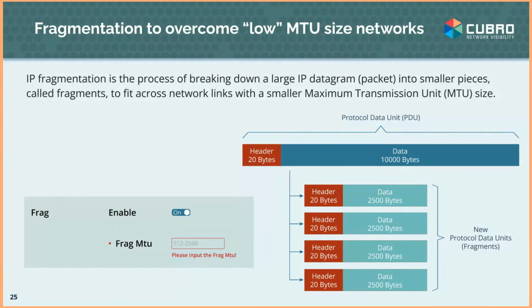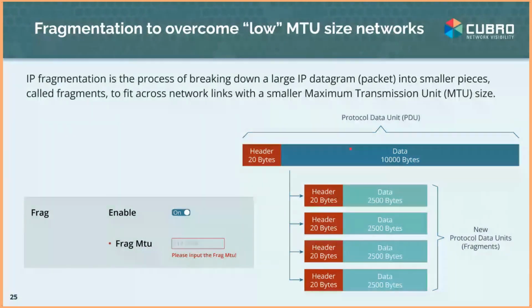What can you do? You can use fragmentation. Fragmentation is the process of making smaller pieces out of the big chunk. And of course, the next generation product supports fragmentation. You can put in the maximum packet size the network can handle, and it will fragment the packets. Particularly in situations that you cannot control, because the network belongs to somebody else or is only leased or whatever.